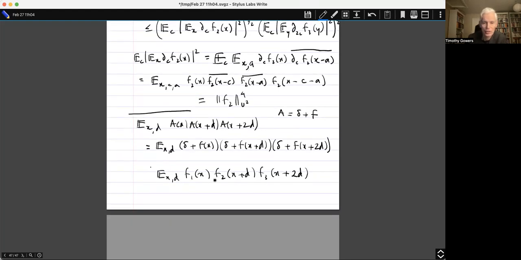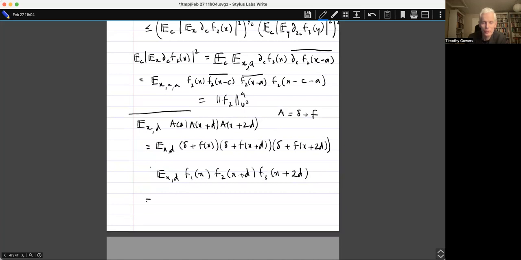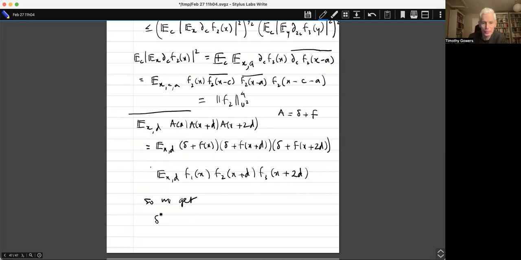Now let's think about those 8 terms. If I choose delta from each bracket, I get delta cubed.